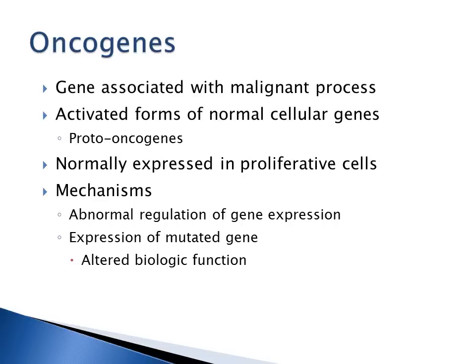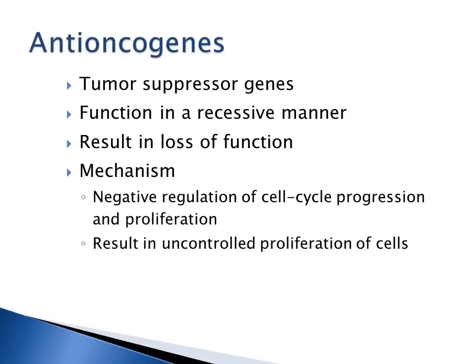So a lot of times with cancer, there's a mutation that leads to enhanced gene expression, which is going to cause an overgrowth or an overproliferation of cells. There are also anti-oncogenes or tumor suppressor genes. These result in a loss of function as opposed to a gain of function.